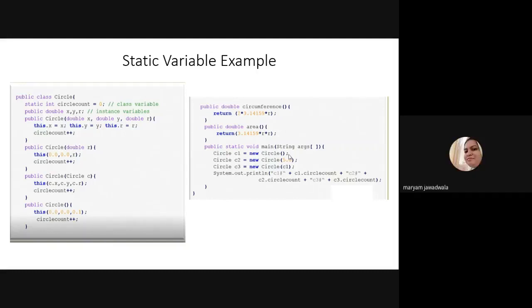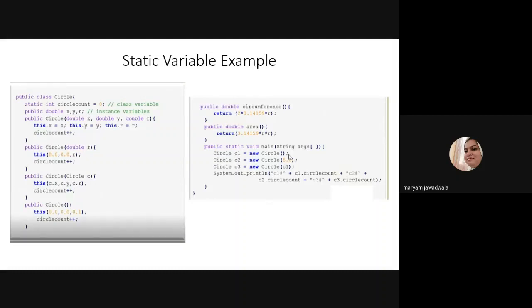Yes, ma'am. All of you please try to concentrate on this program. This is a very important program regarding the static variable, instance variable and class variable. Okay. So what happened here? All of you please concentrate on the left hand side. Here I declare one Circle class. Hope you understand the meaning of class well. Okay.